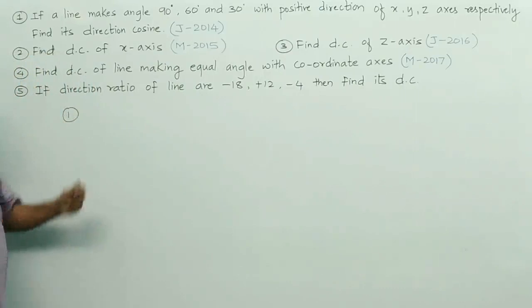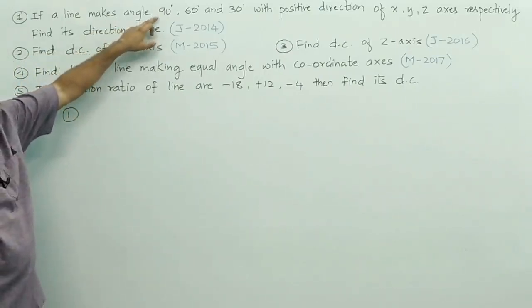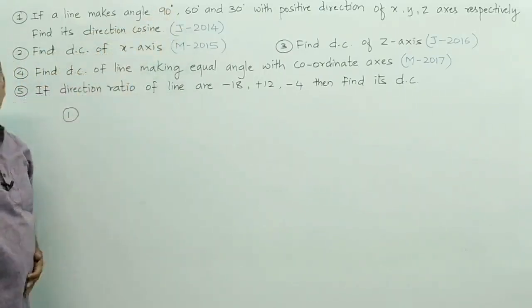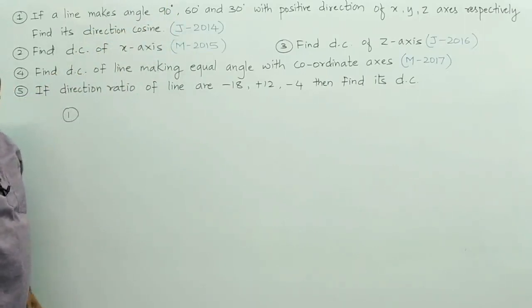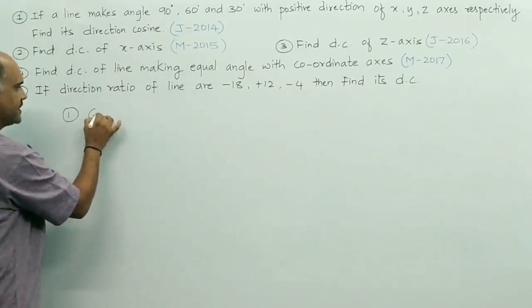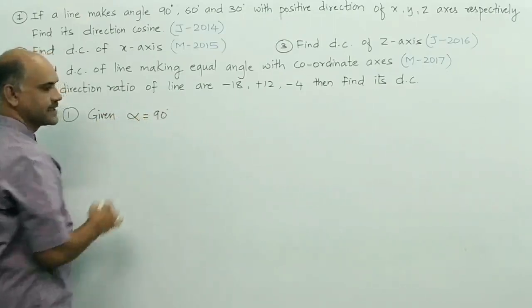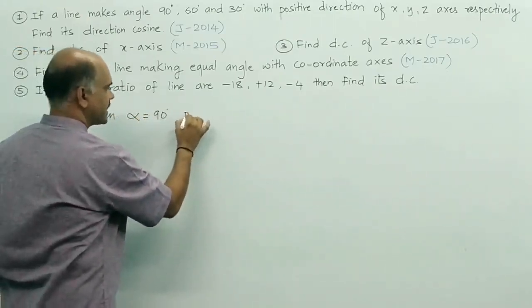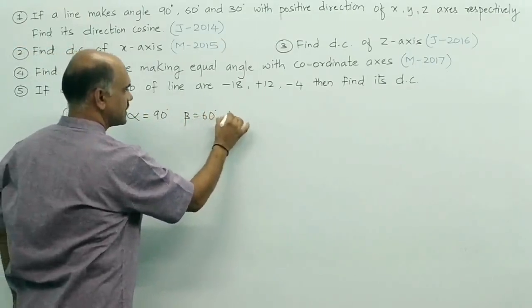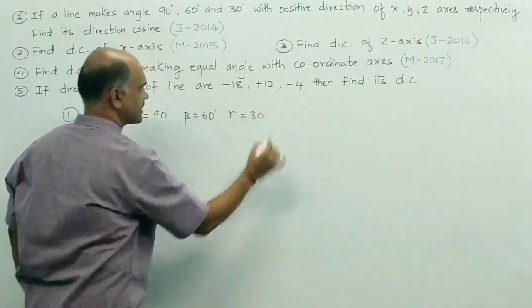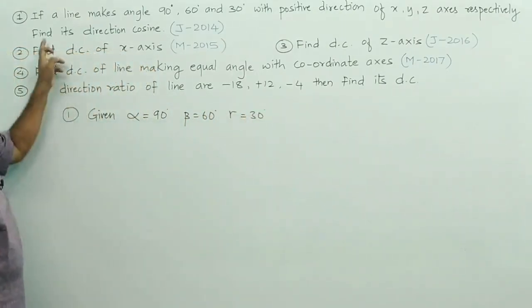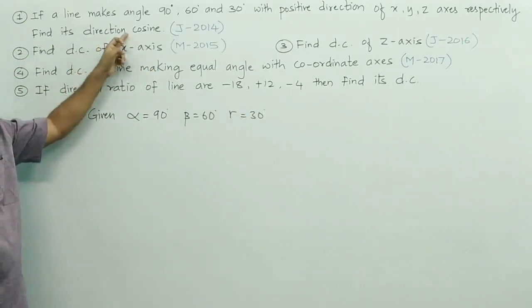It means he has given alpha is 90 degree, beta is 60 degree, gamma is 30 degree. You are required to find its direction cosines.